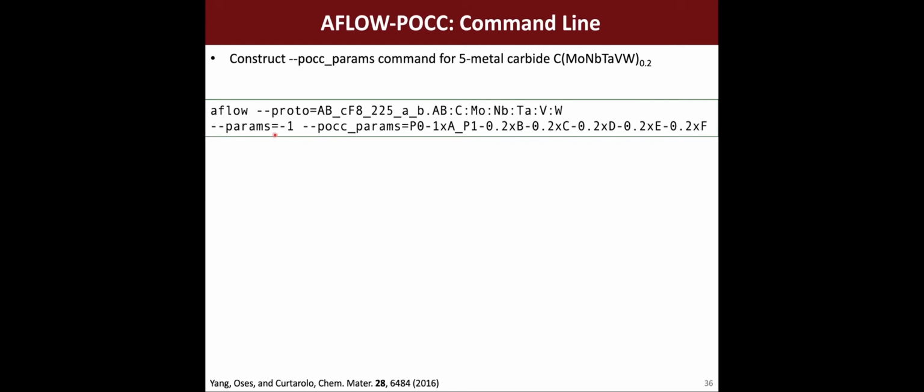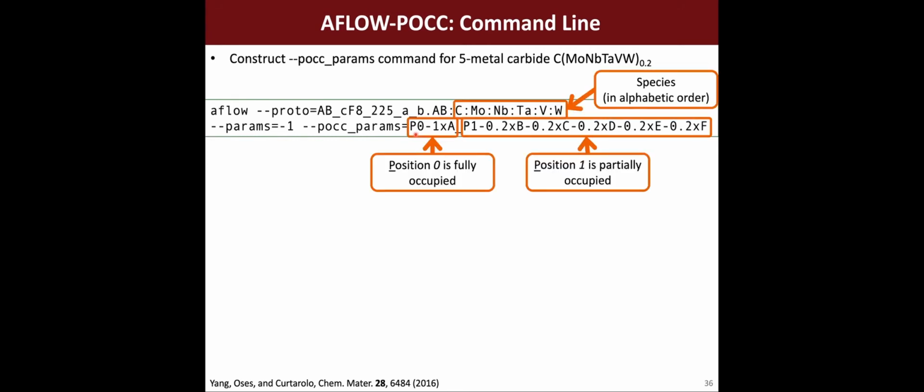Now we have to specify how we're going to decorate our structure. Let's take a look. For position 0, we specify it as a per positional designation. For the first position, we start with number 0, which is the first position. It's fully occupied, 1 times A, where A refers to the first species, which is carbon.